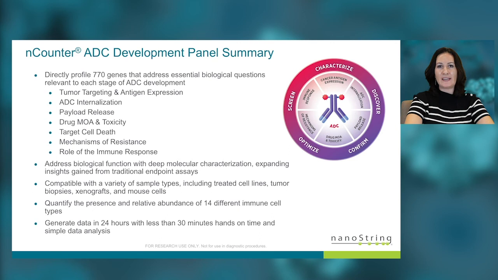The nCounter ADC Development Panel contains 770 genes that enable you to ask deep biological questions relevant to each stage of ADC development. These include tumor targeting and antigen expression, ADC internalization, payload release, drug MOA and toxicity, target cell death, mechanisms of resistance, and finally, the role of the immune response in all of this.